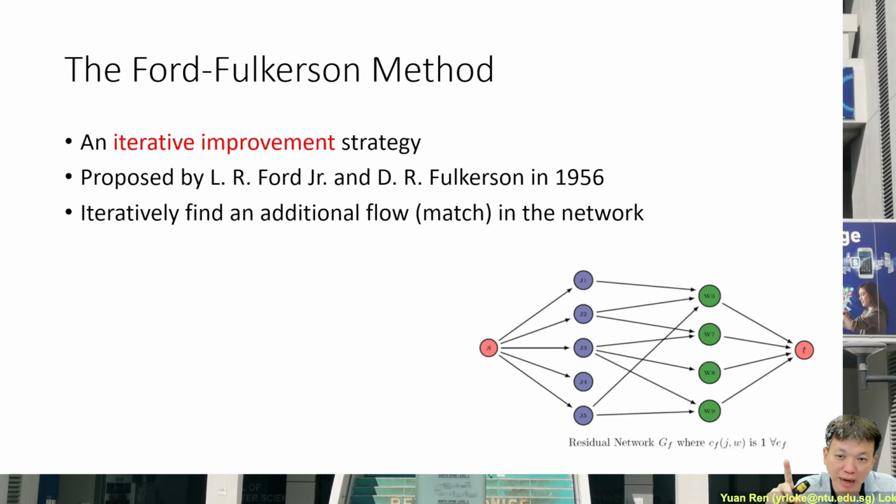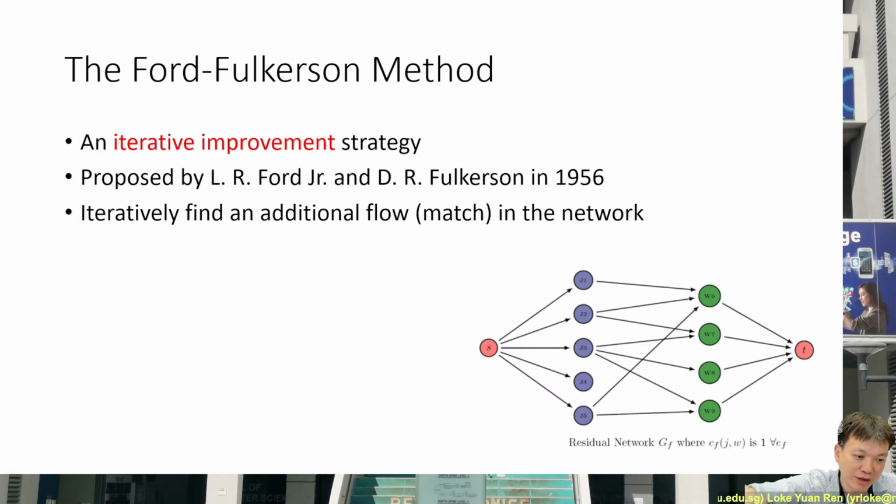It can be solved by this Ford-Fulkerson method, and it is an iterative improvement strategy. This is another strategy I want to introduce to you. Later you will see, you slowly find one solution, find one path, then after that you update the graph and carry on to find the second path, then you will get a better solution.